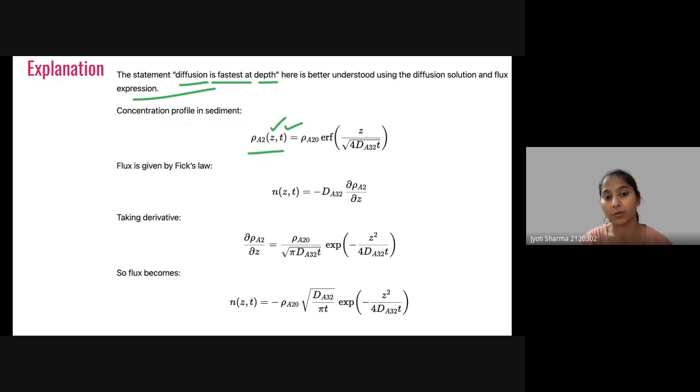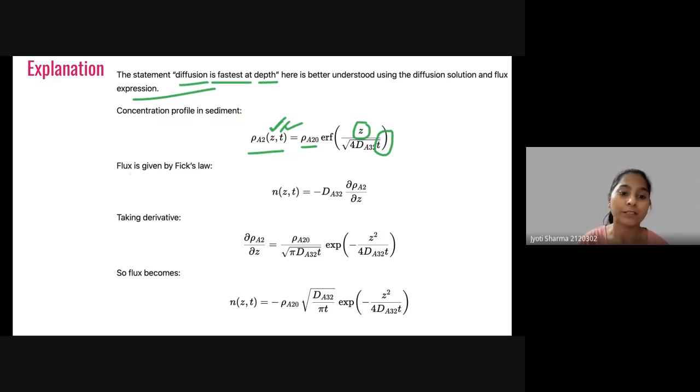So this can be expressed as rho A2 node, which is a function of distance and time also, so these factors will come. Initially, when it was not a function of time and distance, we had a normal formula, but if it is a function of distance and time, then the formula will change.